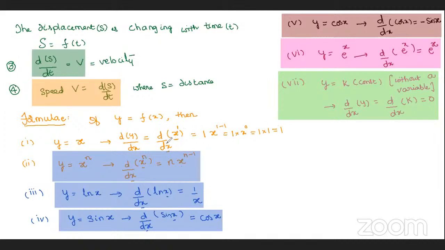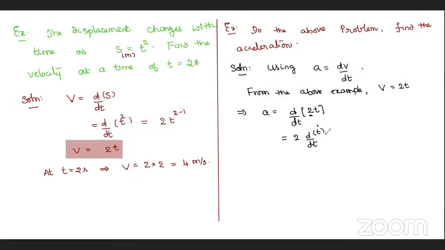In the same way, d by dt of t is 1. So it is 2 into 1, that is not 21. It is equal to 2. Therefore, I got the acceleration 2. All these are given in meters and seconds. That's why meter per second square.